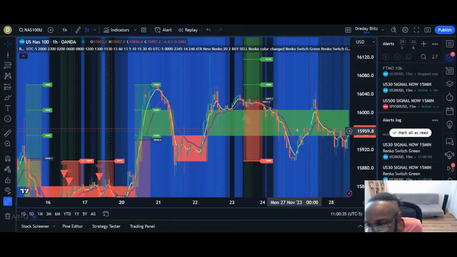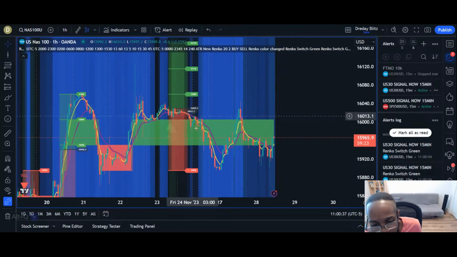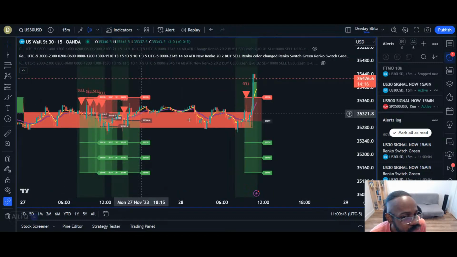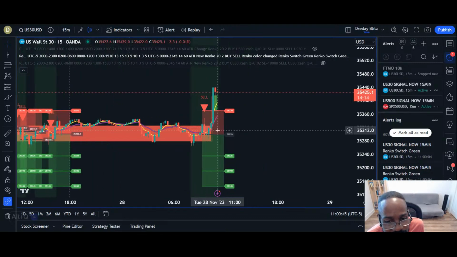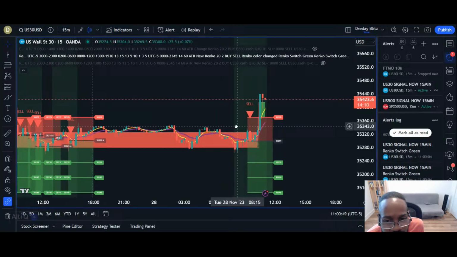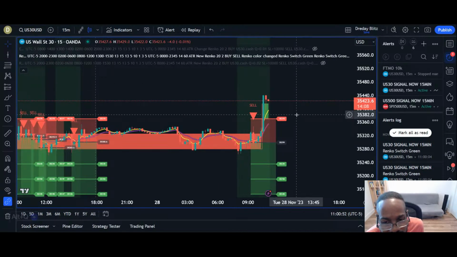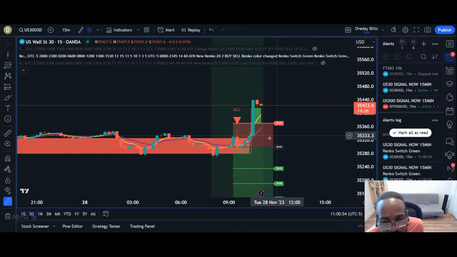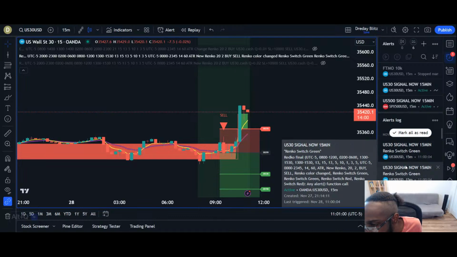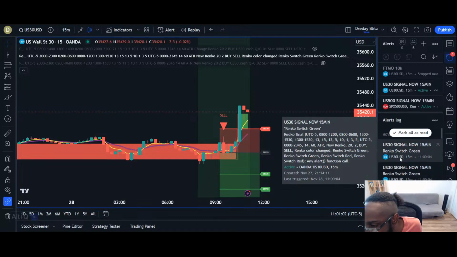So US 30, we have a buy. So it's an uptrend right now. There you go. So it's switched to green. Okay. So you see a notification saying that it's switching the green to a green Renko.